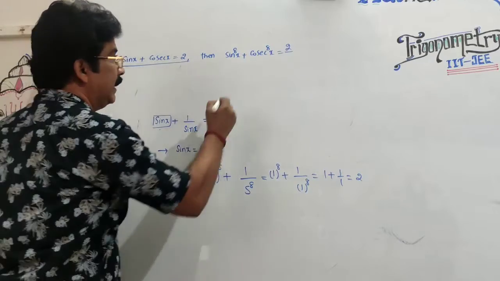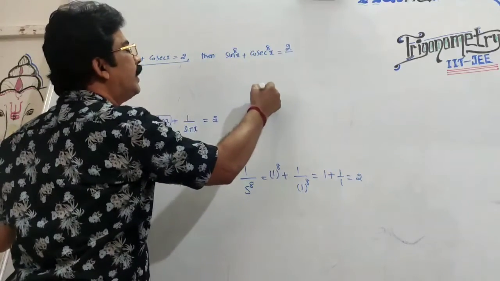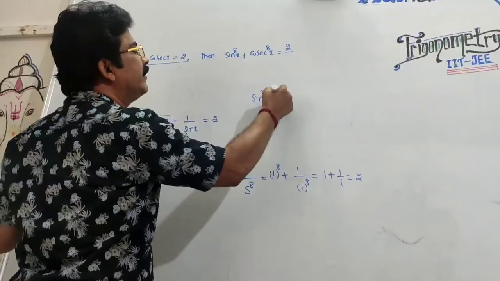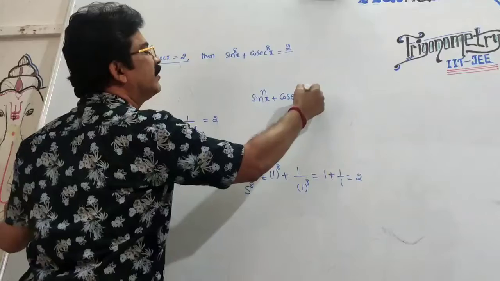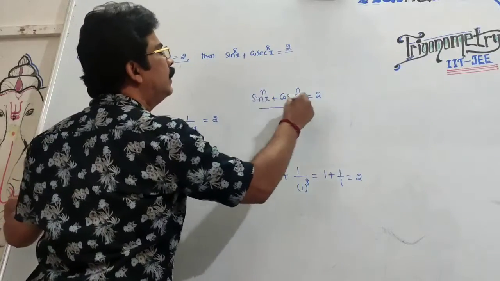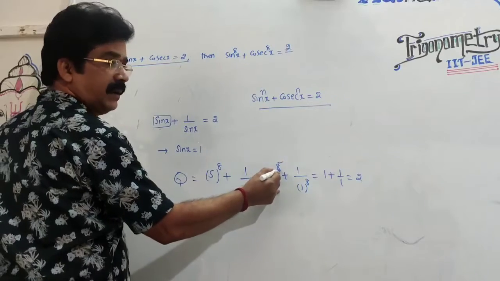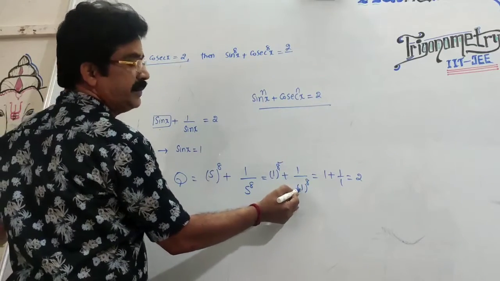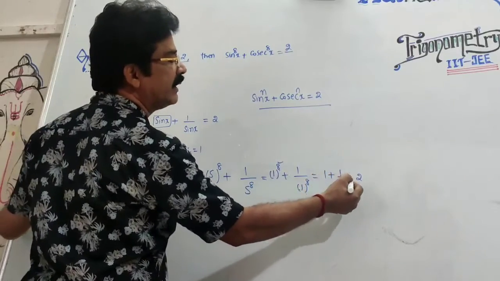Actually, in this question, not only 8 but also sin to the power of nx plus cosecant to the power of nx is equal to 2. Means 1 to the power of any finite number is 1. In the same sense, it is 1 plus 1 equal to 2.